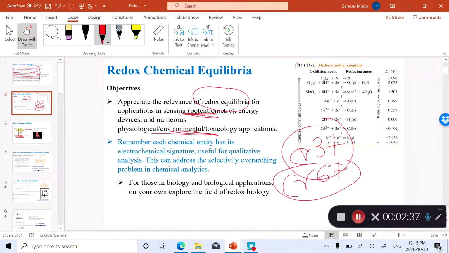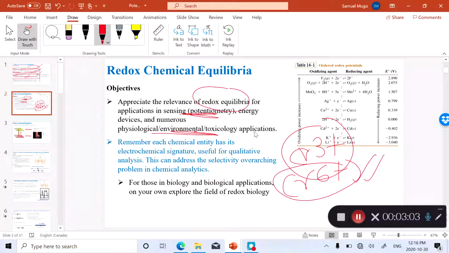If you look at the levels of toxicities of chromium 3 plus and chromium 6 plus, it is actually very different. Chromium 6 plus is more toxic than chromium 3 plus. And as such, electrochemical equilibria then is important when you're discussing toxicology applications.